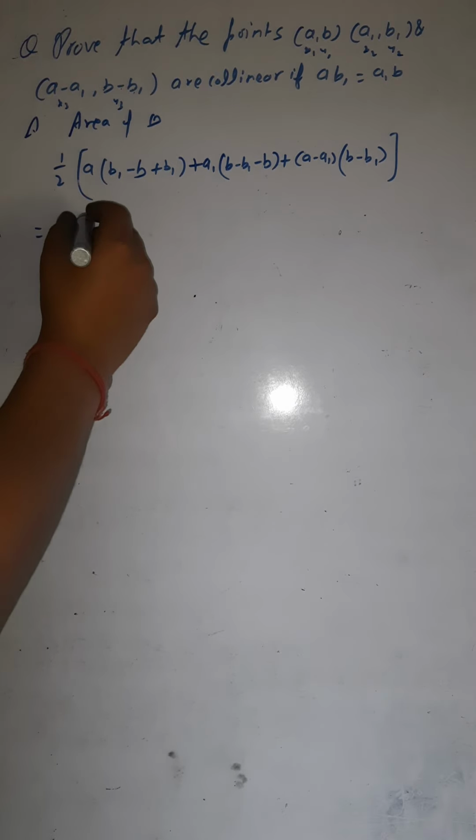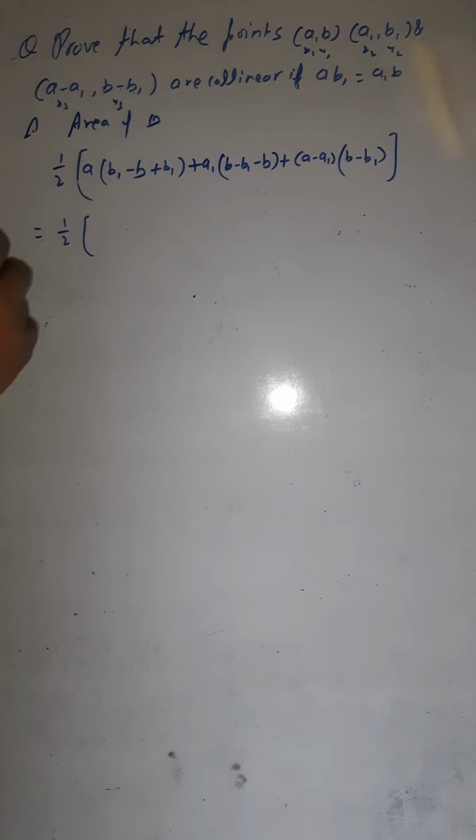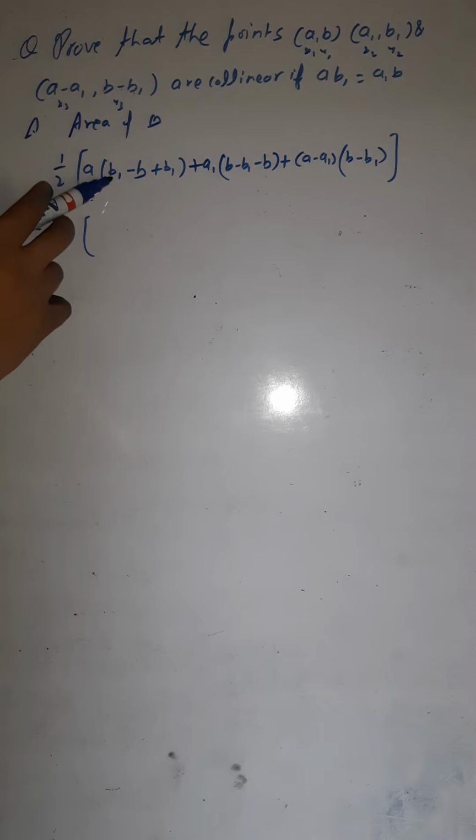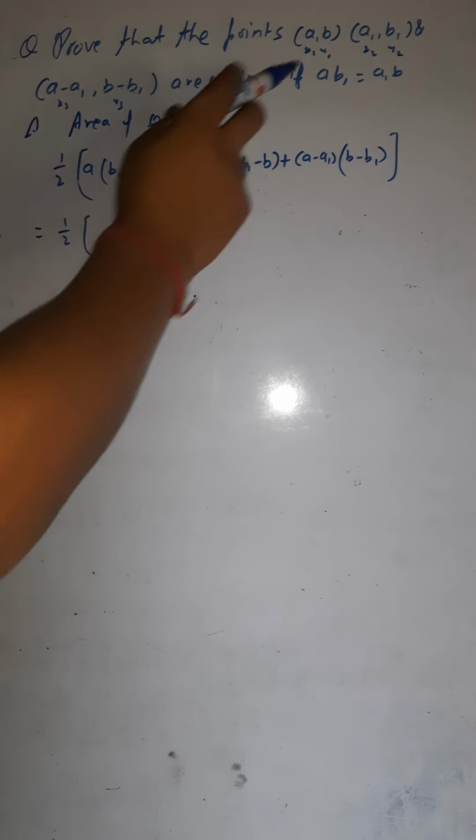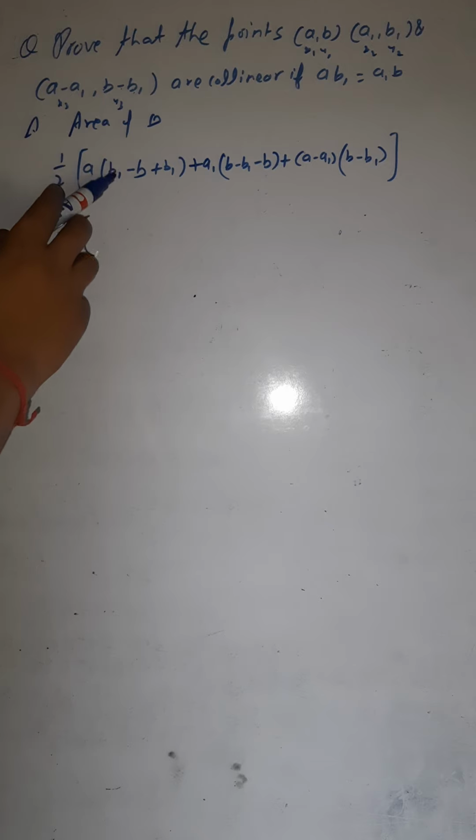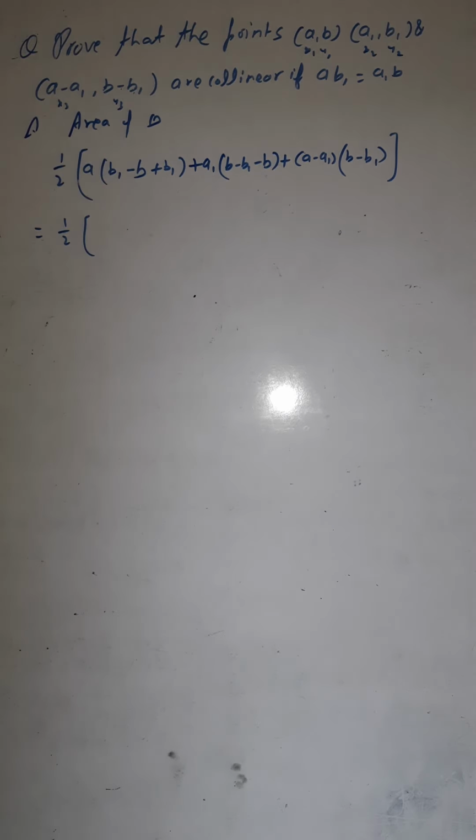Would be 1 by 2 into. Now look here. Here it was x1 outside, inside there was y2 minus y3. So y2 was b1 minus y3 was minus b plus b1.